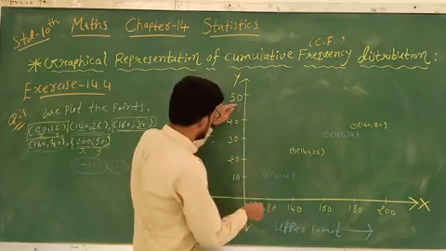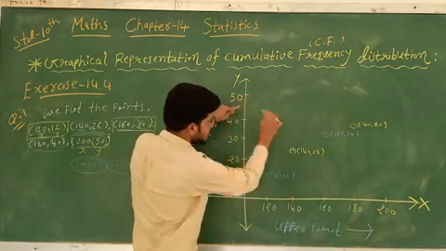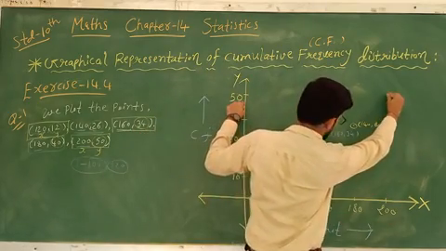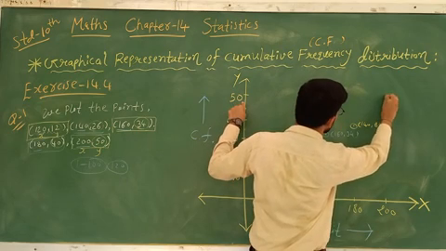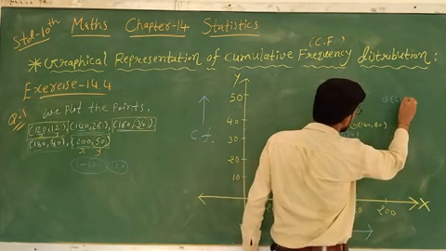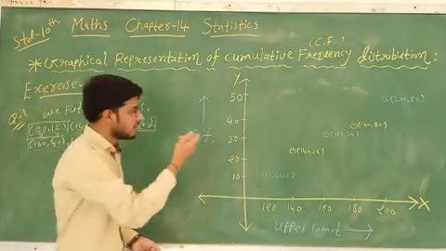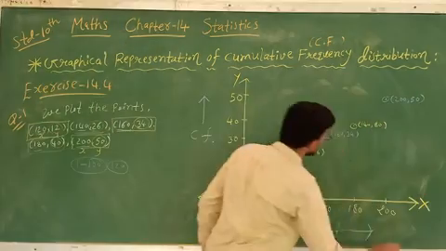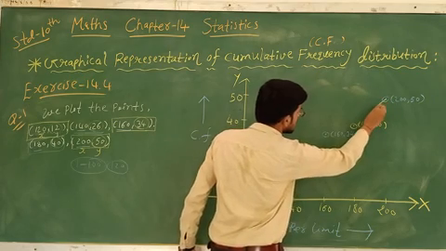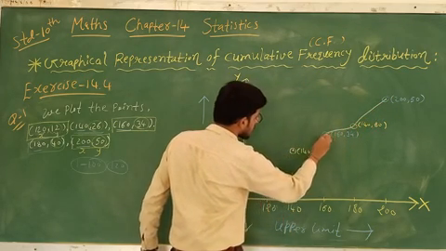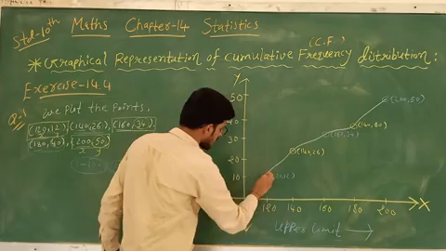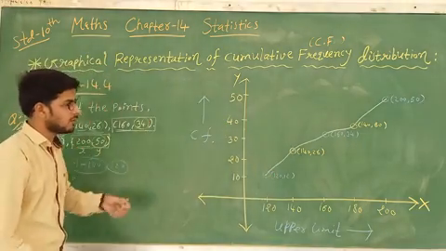We plot here 200, 50. Now we will join the points. So it gives an ogive curve.